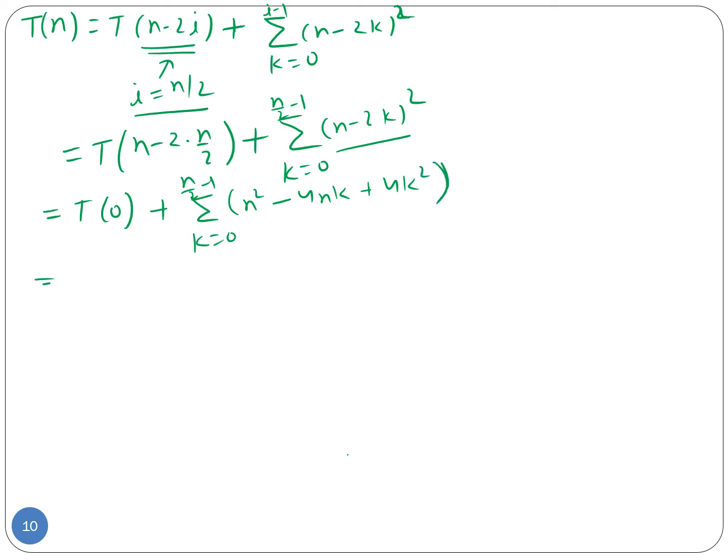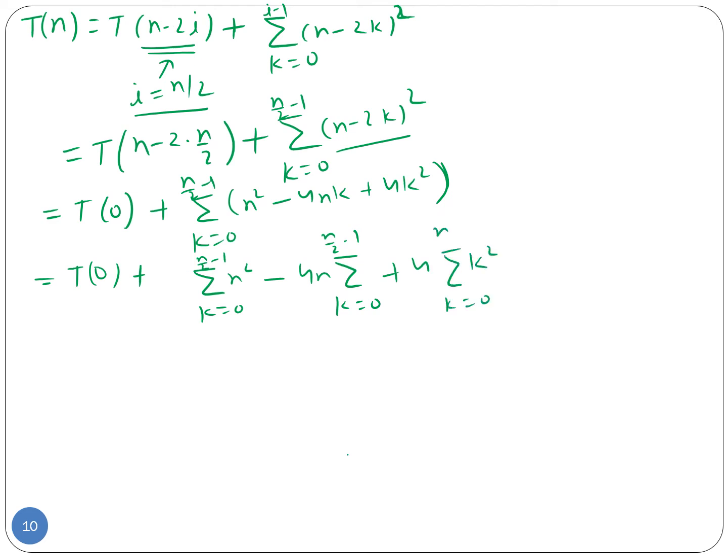Let's separate out these terms. So we get summation k equal to 0 to n by 2 minus 1 of n square, minus 4n times summation k going from 0 to n by 2 minus 1 of k, plus 4 times summation of k square again from 0 to n by 2 minus 1.